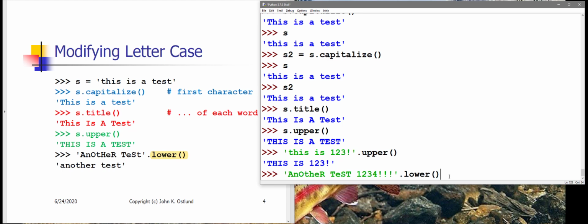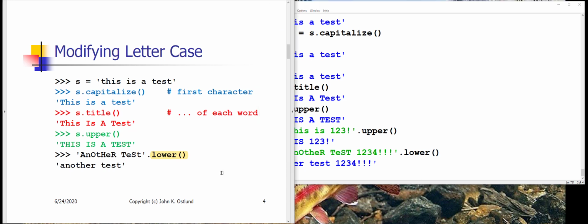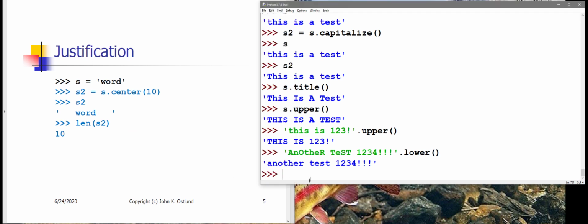Anything else is unaffected. So there I have another test, 1, 2, 3, 4, exclamation mark 3 times. So those are methods, capitalize, title, upper, and lower, that alter the letter case of certain letters in the string.